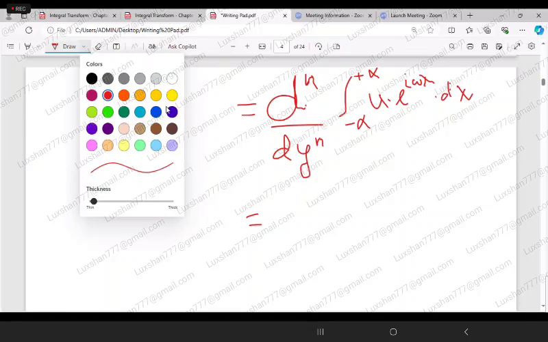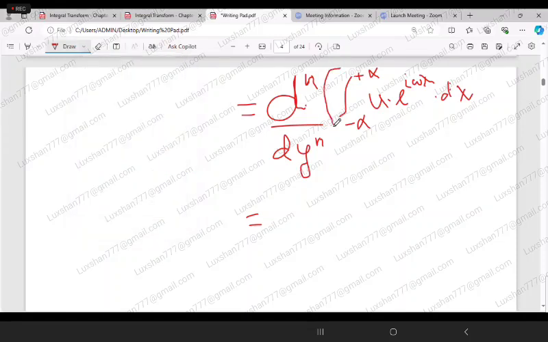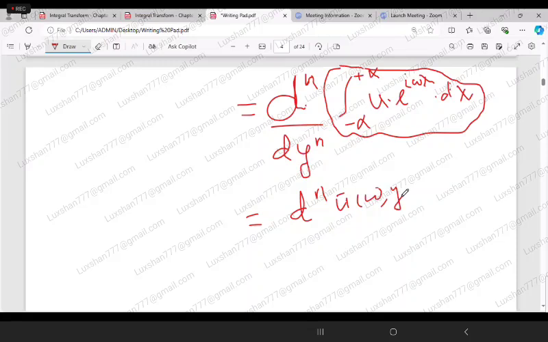This part is nothing but ū, therefore dⁿū(ω, y)/dyⁿ.